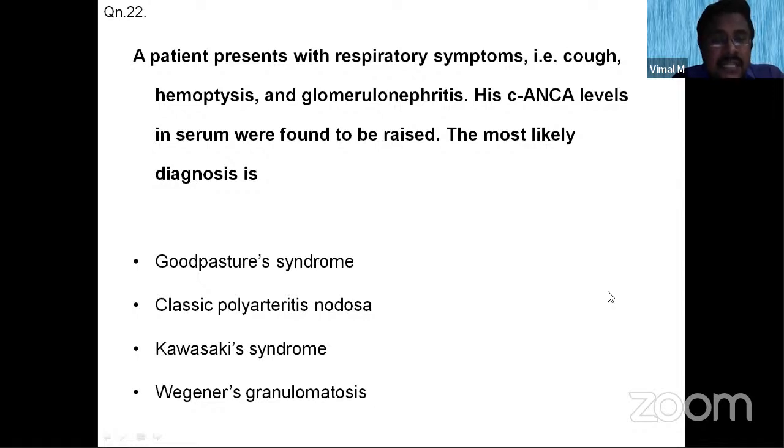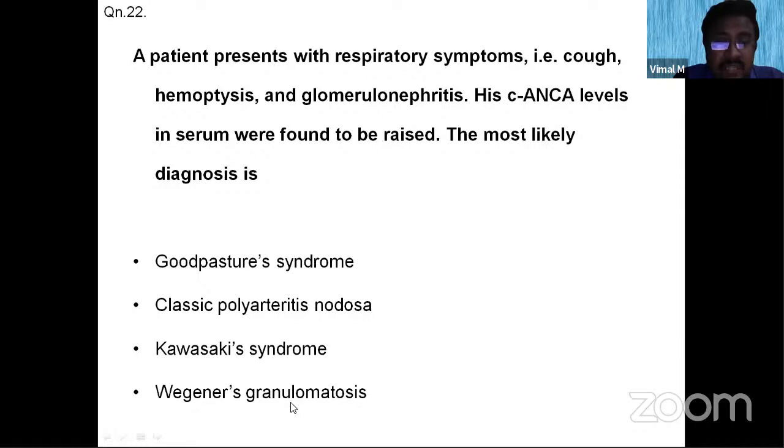What are the symptoms of the patient? Cough, hemoptysis, and glomerulonephritis. The clinical syndrome involves two systems, the respiratory system and the renal system, so we have to choose which option fits.